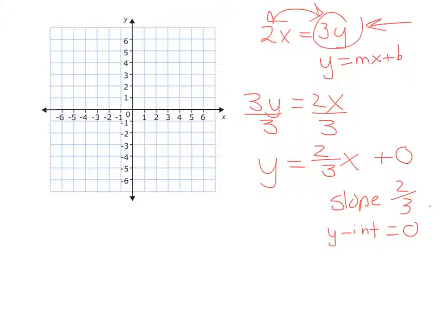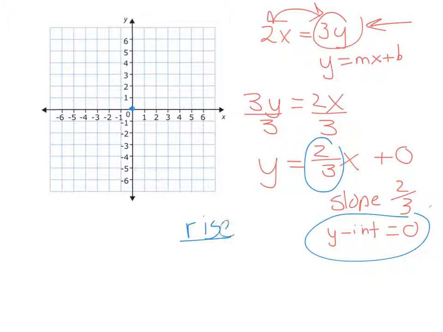So as always, I'm going to graph this by starting with my y-intercept. So I'm going to put a dot on 0, and then I'm going with my rise over my run. Again, they're both positive, so it's up 2 and to the right 3. Up 2, to the right 1, 2, 3. And I'm going to do this as many times as I can. Up 2, to the right 3.